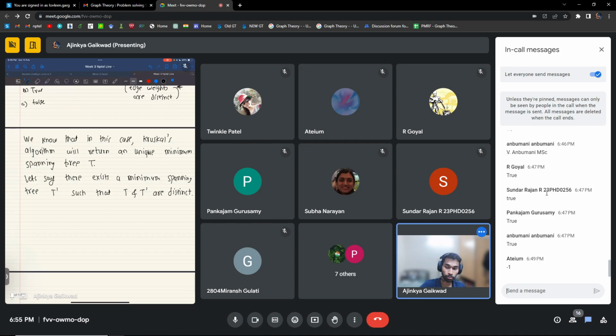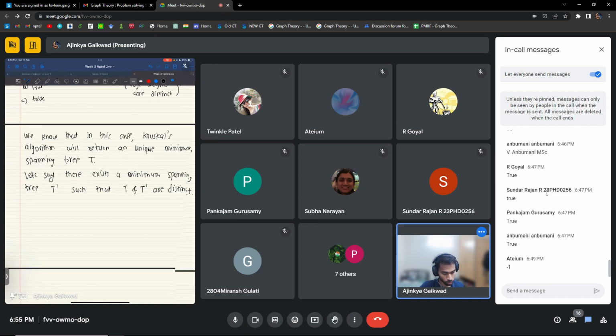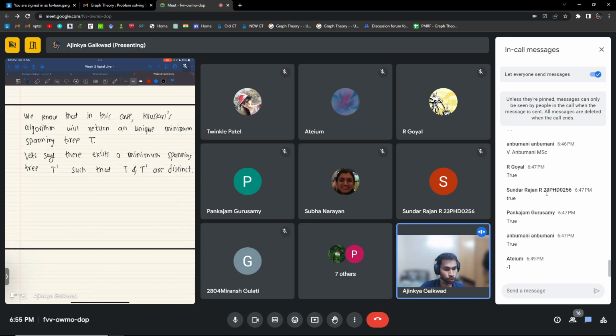This is very important: when I say proof by contradiction, I assume something opposite to what I have to prove. I have to show that there is a unique minimum spanning tree, but I am saying there is another minimum spanning tree T prime such that T and T prime are different.